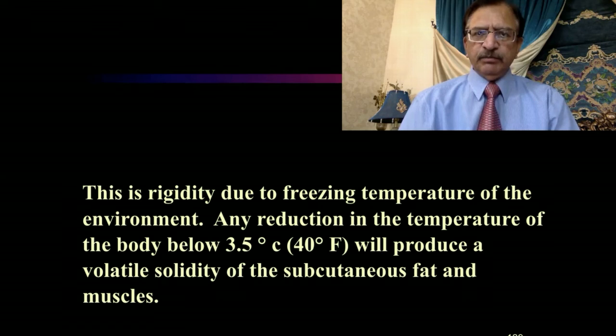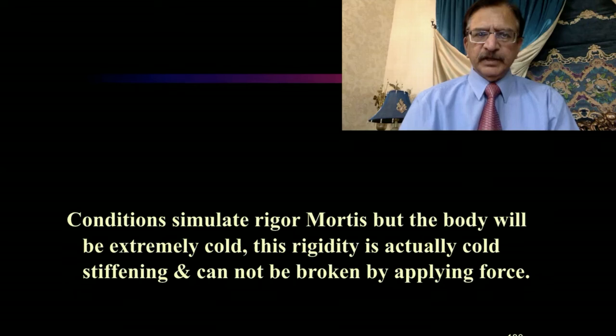When we put something in the freezer, its fluids are solidified. The condition simulates rigor mortis, but the body will be extremely cold. This rigidity is actually cold stiffening and cannot be broken by applying force.